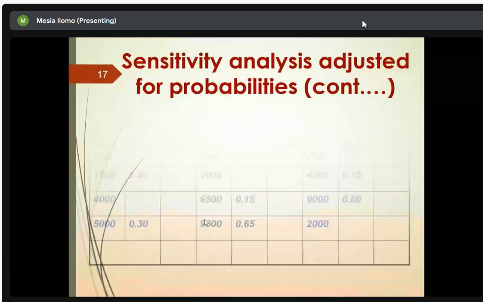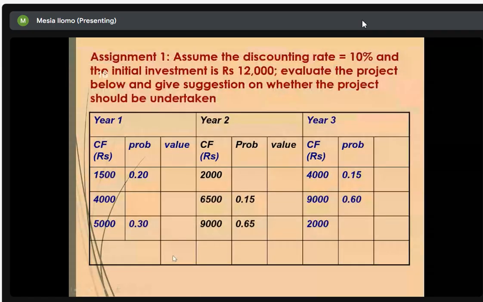So what are you getting as the expected cash flow for year 1? 3,800. Okay, for year 2? 7,225. For year 3? 6,500.